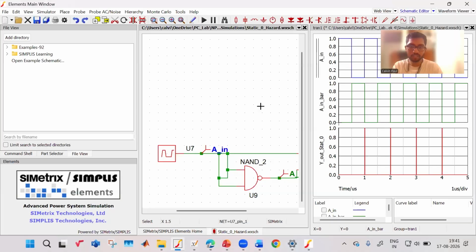Okay, are you able to see the screen? Yes, we can.